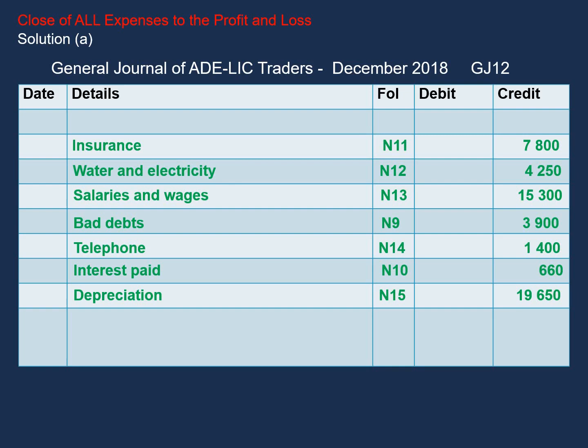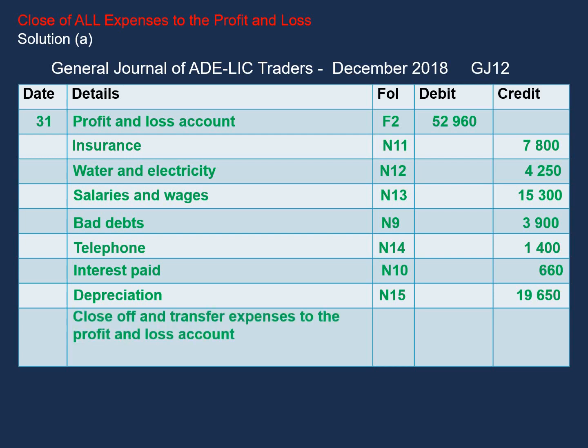And if we add up all of those amounts, we will get 52,960, which we will debit to our profit and loss account. Our narration will read close off and transfer expenses to the profit and loss account.